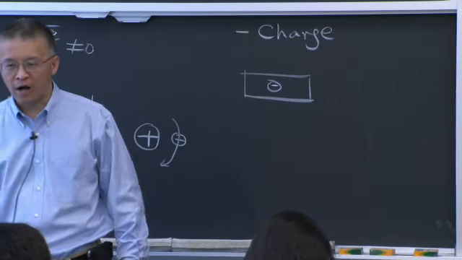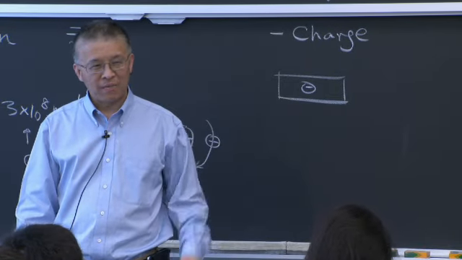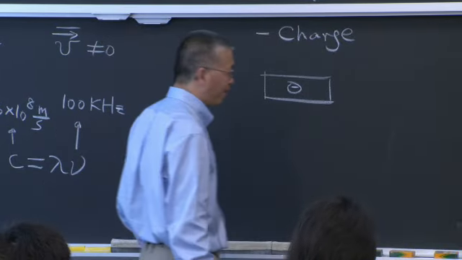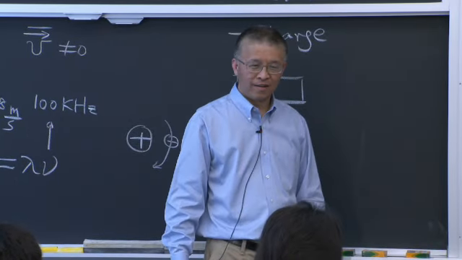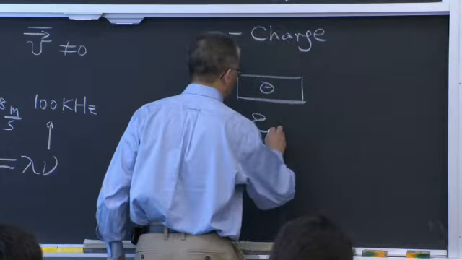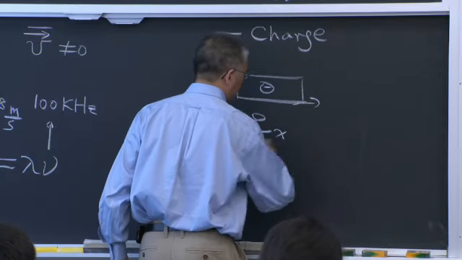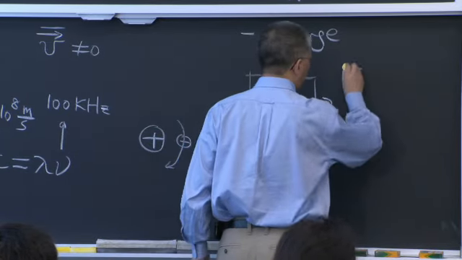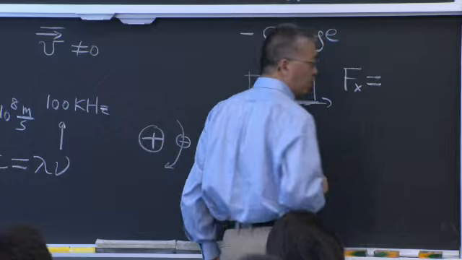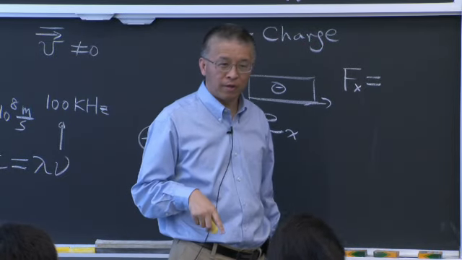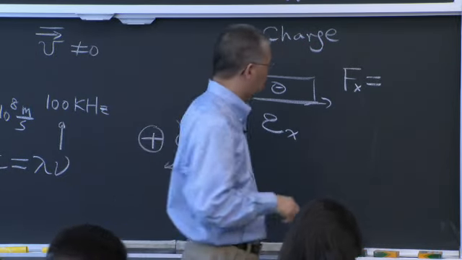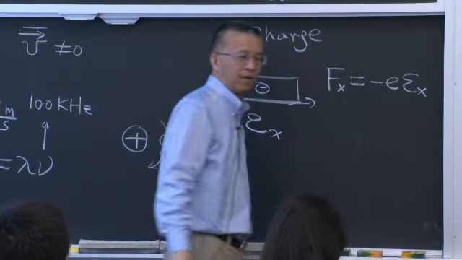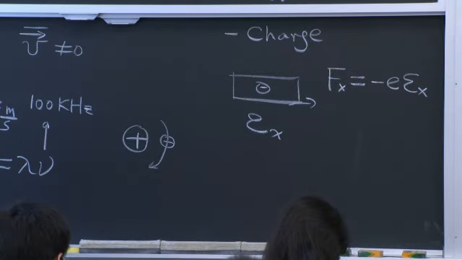What's the force on the electron? Anybody remember, if I have a charge, I have a potential? If my field is E, let's say this is the x direction, the force Fx equals charge times the field, so it's minus E times Ex. And this is what I really hate, the minus sign, I often get confused.